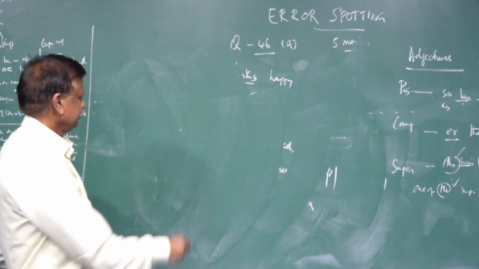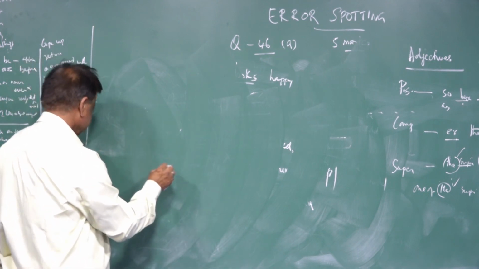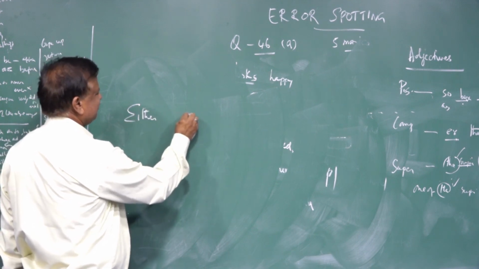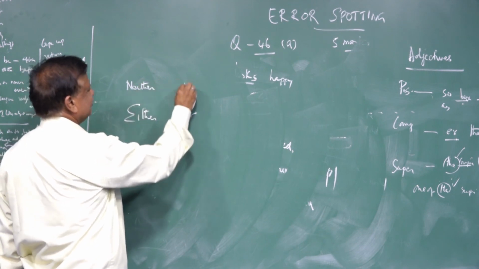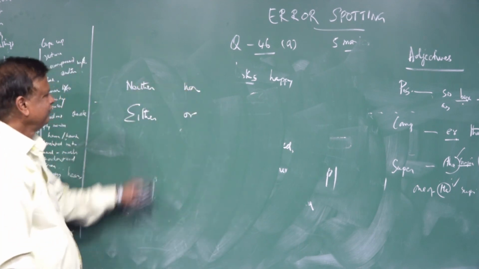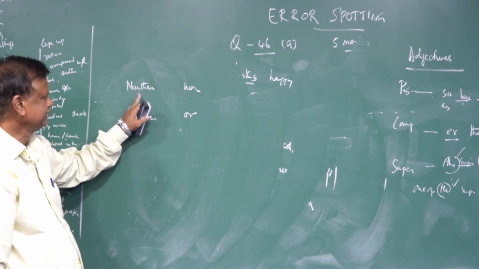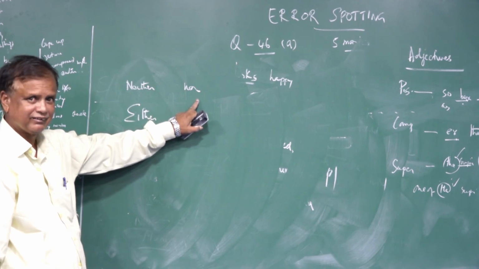Two minutes. The last thing, another formula which I want to use: either...or, neither...nor. First, when a sentence starts with neither, you check whether the word nor is there or not.